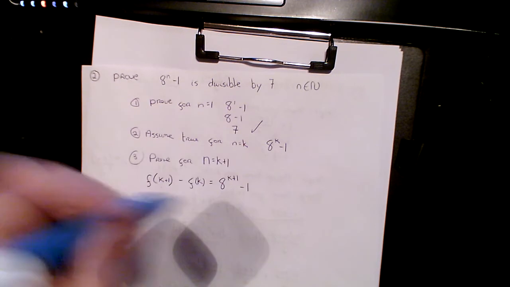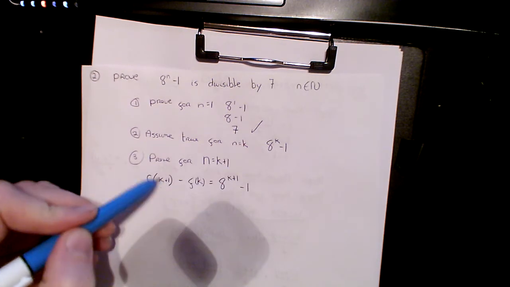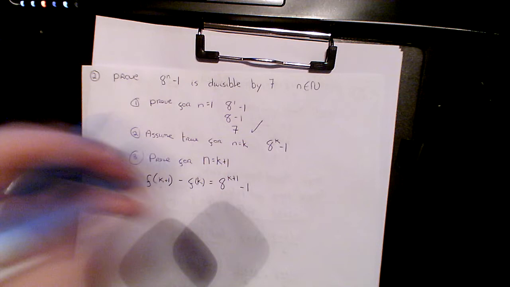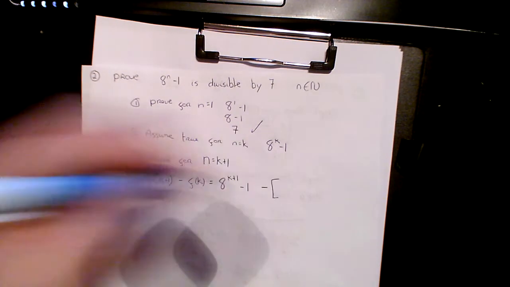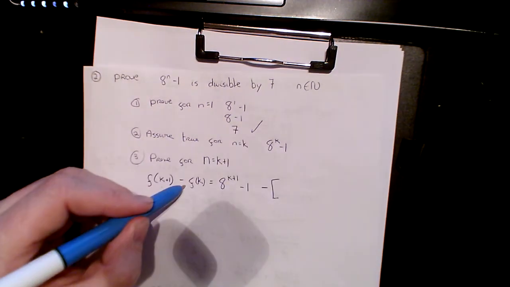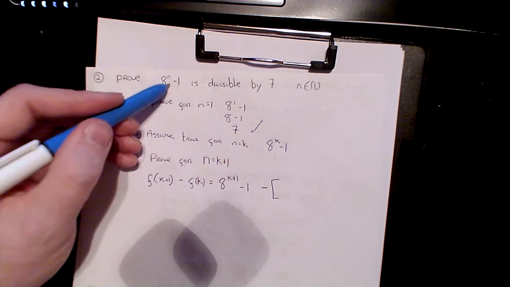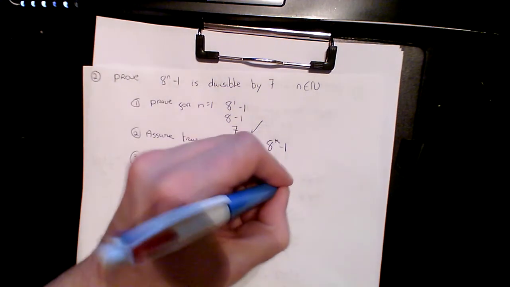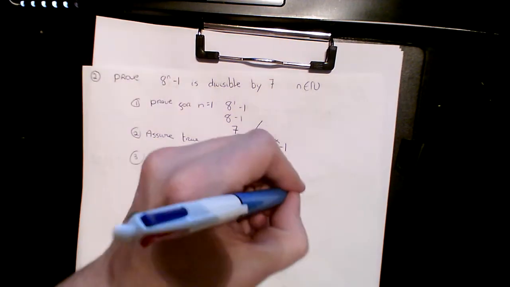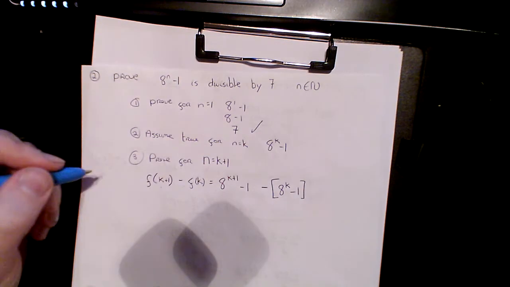So 8 to the k plus 1 minus 1, because we put k plus 1 in for the n, minus, we keep this in brackets, the f of k is here, or another way of saying it, we'll just put the k in for this, so we have 8 to the k minus 1.